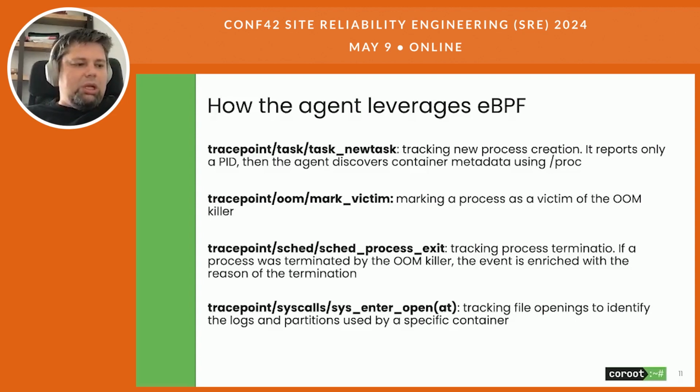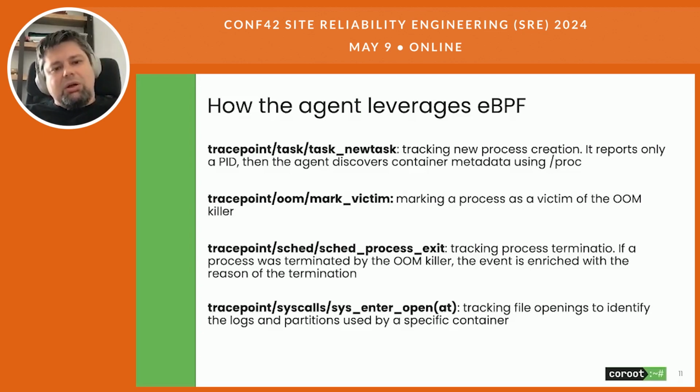The second one is we capture events where some process is marked as a victim of the OOM killer. We need the data to understand the reasons why a particular process has been terminated. And on this event, we just put a flag into a kernel space map that the process with process ID 123 is marked as a victim and will be terminated.